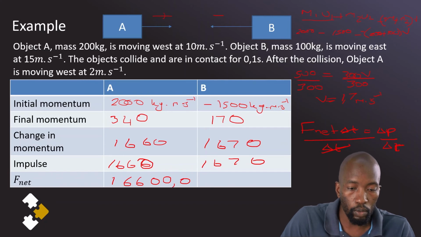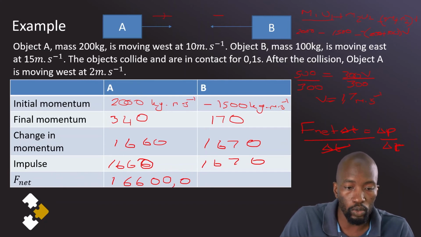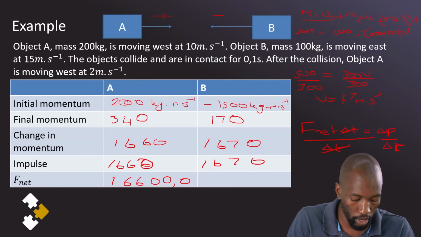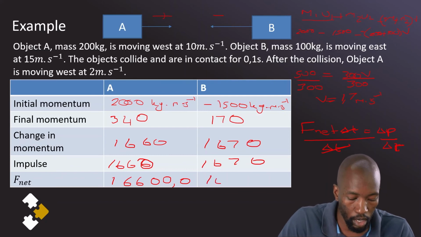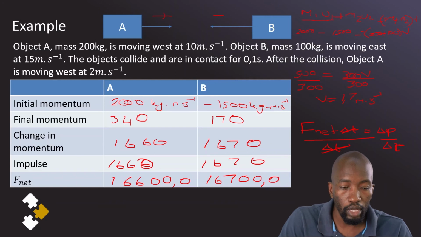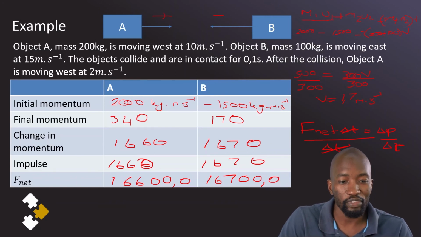Then we need to do the same thing for B, right? So that'll be 1670 divided by 0.1. 1670 divided by 0.1, and that gives us, quickly write that down, 16700. And there you have it. Now let's carry on.